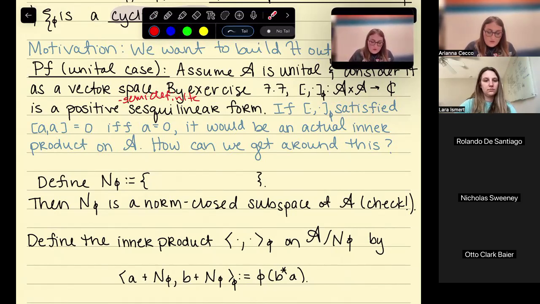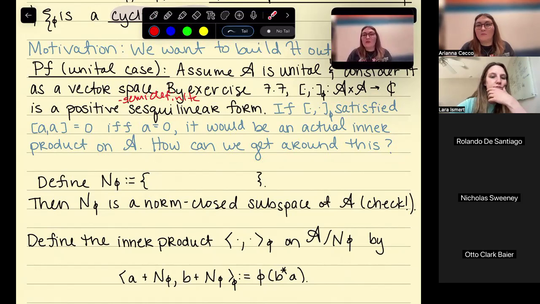So how can we get around this? Does anyone know what to do whenever we have elements that we want to get rid of in a space, that would make our space nice somehow?